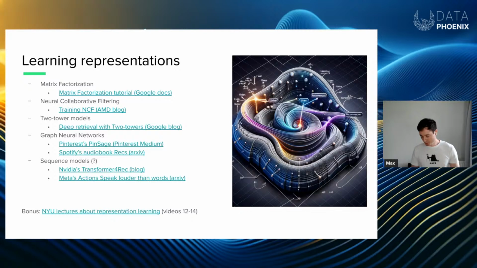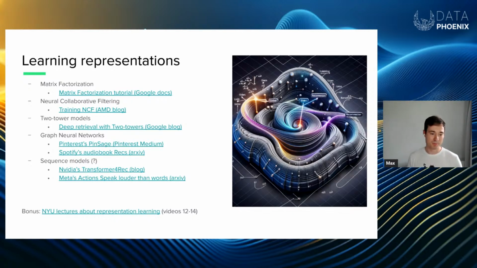Right, so how do we learn representations? A bit of a disclaimer here: it is actually a really wide area within machine learning. We even have a dedicated conference called the International Conference on Learning Representations, ICLR, which I think is either the fourth or fifth largest conference on machine learning. So the space is huge, and there are also a lot of methods that are applicable in different domains, not just recommendation systems.